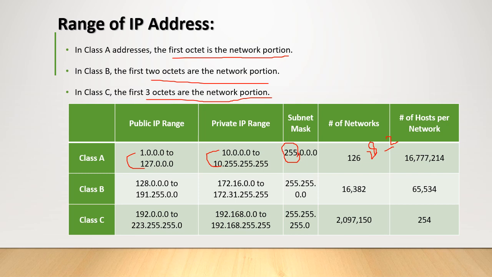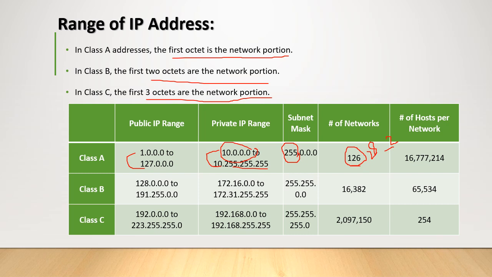Why did I remove 2? The first address is used for the network IP and the last address is used for the broadcast IP, so those two addresses are not used. That is the reason I got only 126 networks.